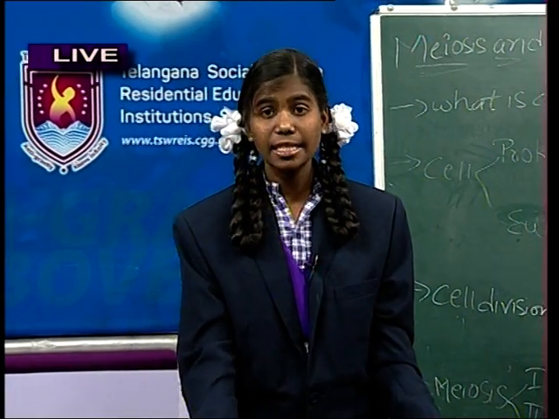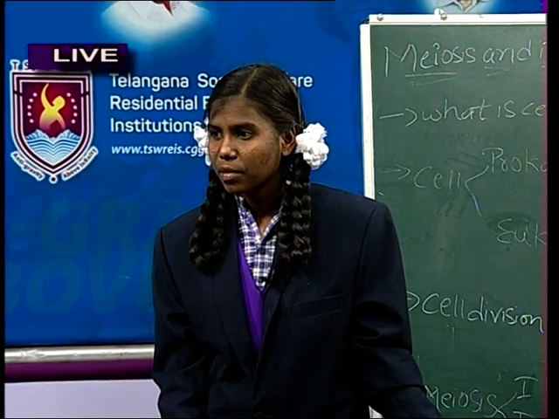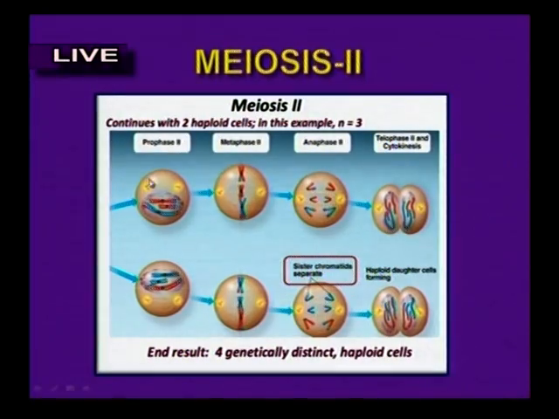Now let us discuss the steps of meiosis 2. The first one is prophase 2. What happens in prophase 2? Observe carefully, this is the nuclear envelope.